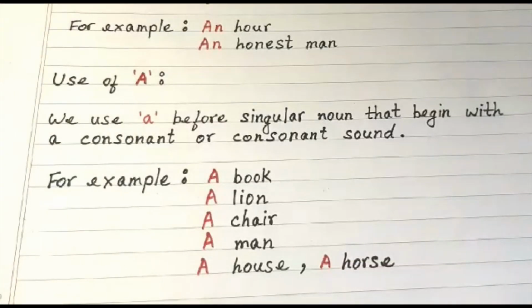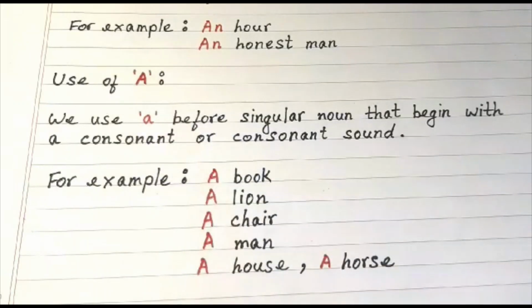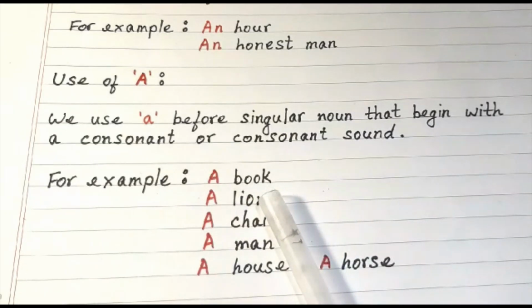Now let's move on to another article, a. When a word starts with a consonant or a consonant sound, we use a before such words. For example, the word book. The word book starts with the consonant B, having the consonant sound ba.